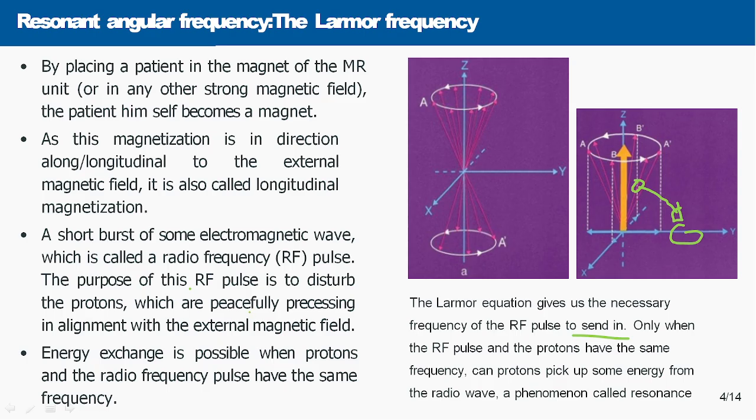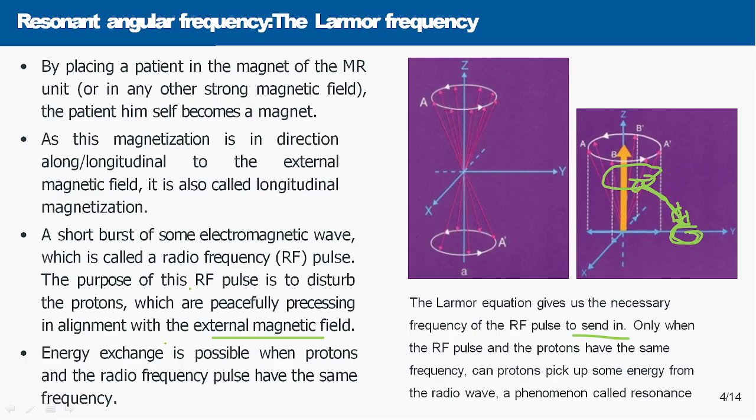Previously, they are peacefully precessing in alignment with the external magnetic field, moving in this direction, but once the RF signal is applied, they will move in different directions and get disturbed from their original or resting state.